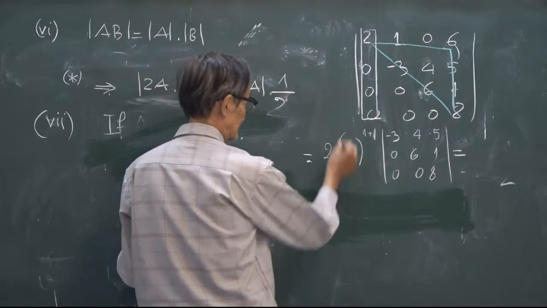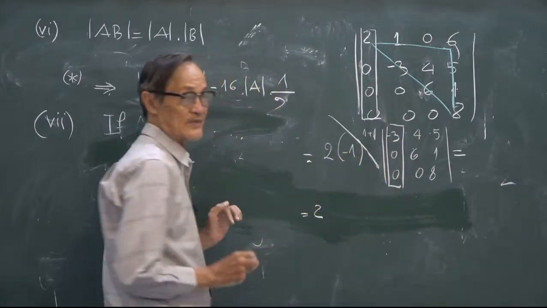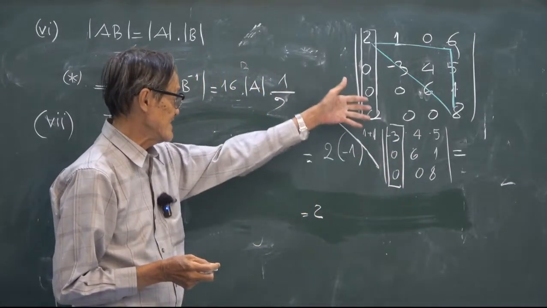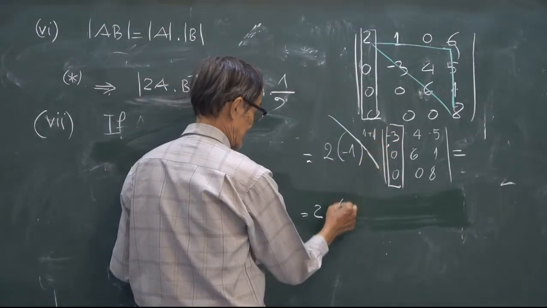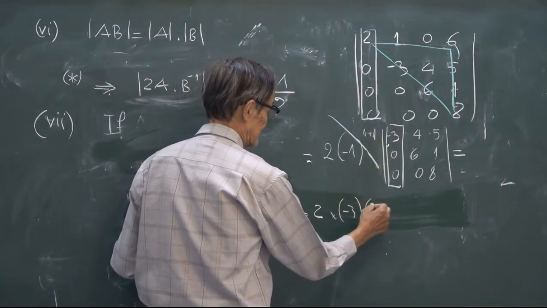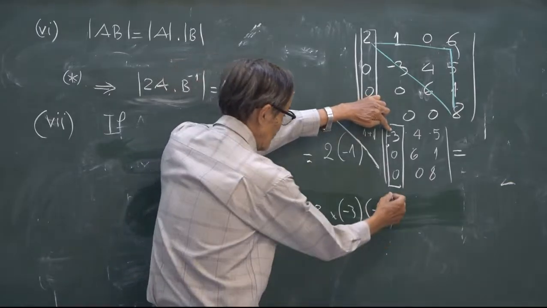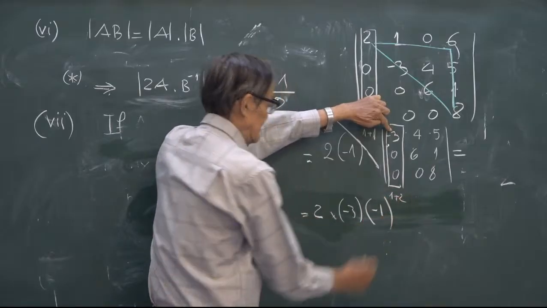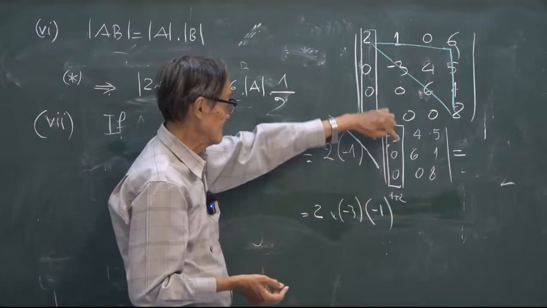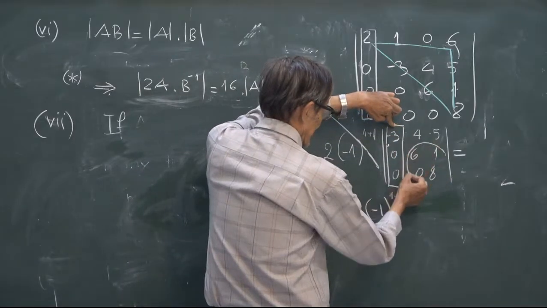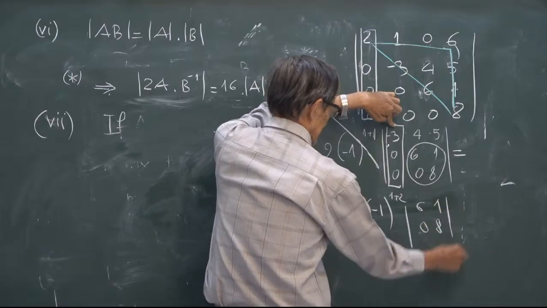To expand by the first column, we have this element minus 3, number minus sign of this element, row 1, column 1, so plus, and the minor 6, 1, 0, 8.